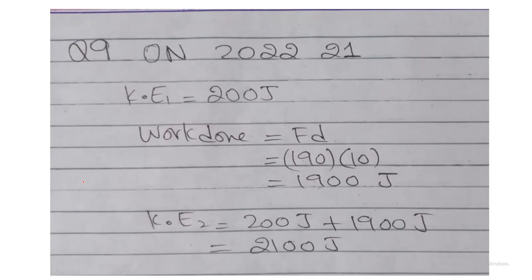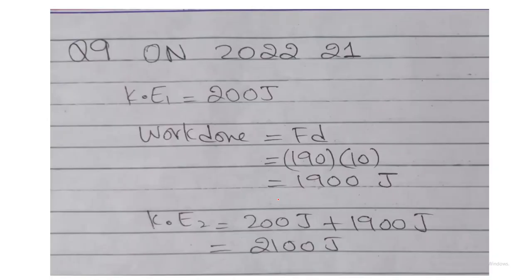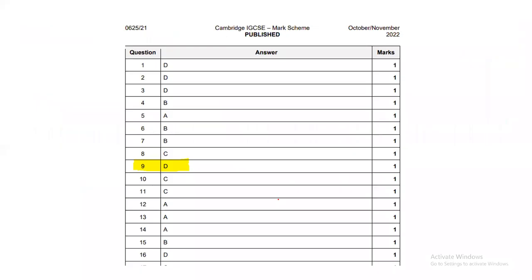So the total kinetic energy of that system after the application of this force will be 200 joules plus 1900 joules. So you will have 2100 joules. D is the right option, sir.